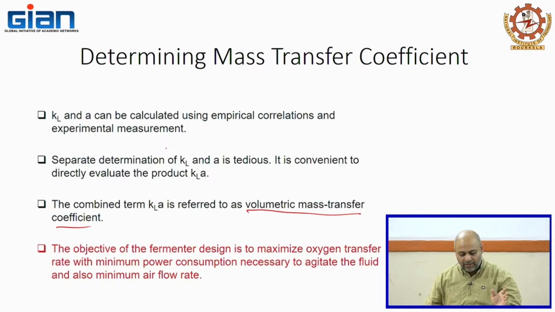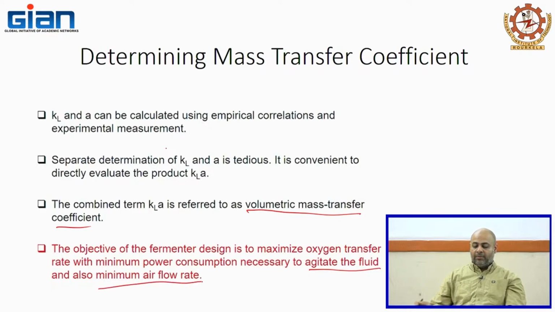So the idea is always that you want to design a fermenter using the least amount of agitation and the least amount of airflow. So you have to be careful. So what will you do? If I want minimum airflow and least amount of agitation, what will you do? How will you take care of it?